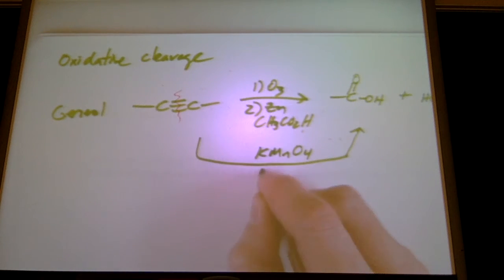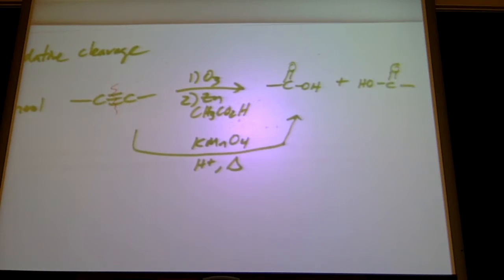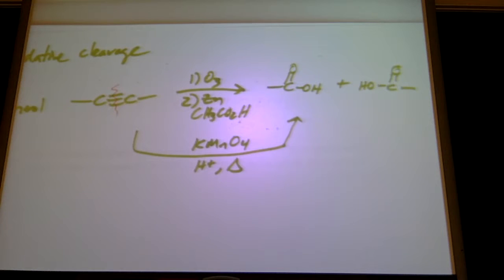As such, you could also do the hot acidic potassium permanganate and do the exact same thing. So in this case, ozonolysis and hot acidic potassium permanganate both yield the carboxylic acids.